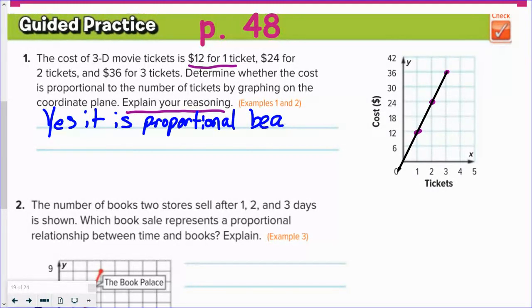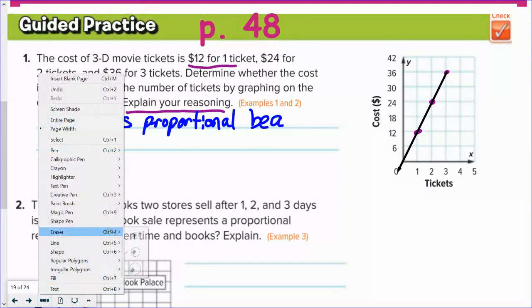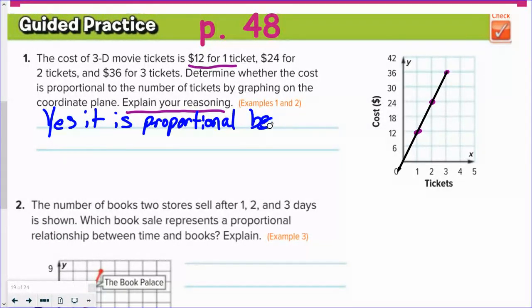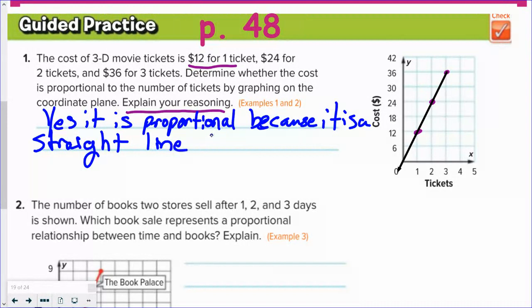Because it is a straight line and crosses the origin.